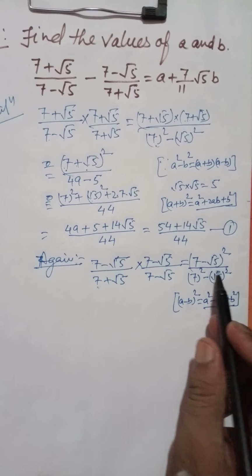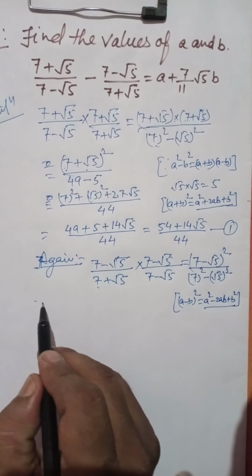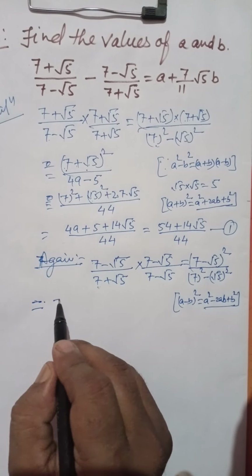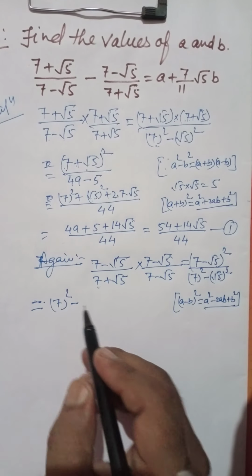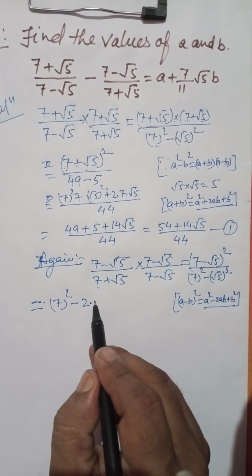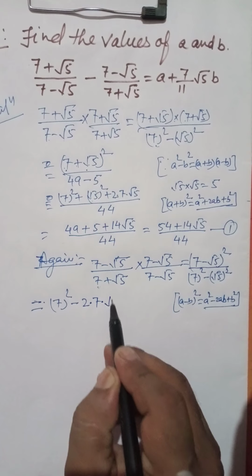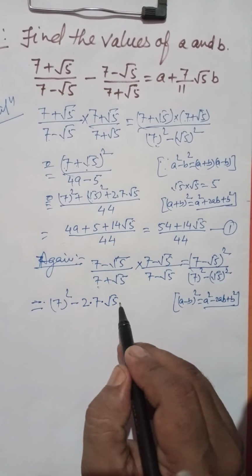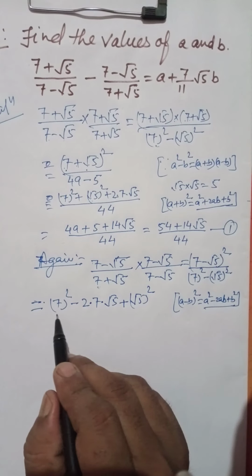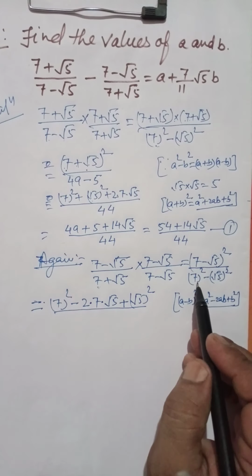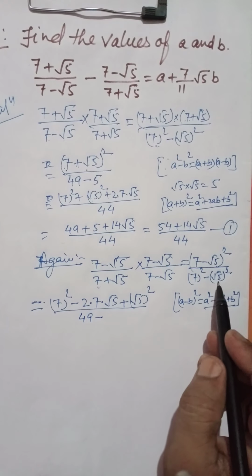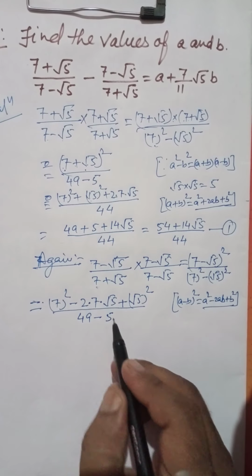In this form we will expand the numerator. Now see here, that is 7 square minus 2 into a, 7, into b, root 5, plus b square, that is root 5 whole square, upon 7 square, that is 49, minus root 5 square, that is 5.